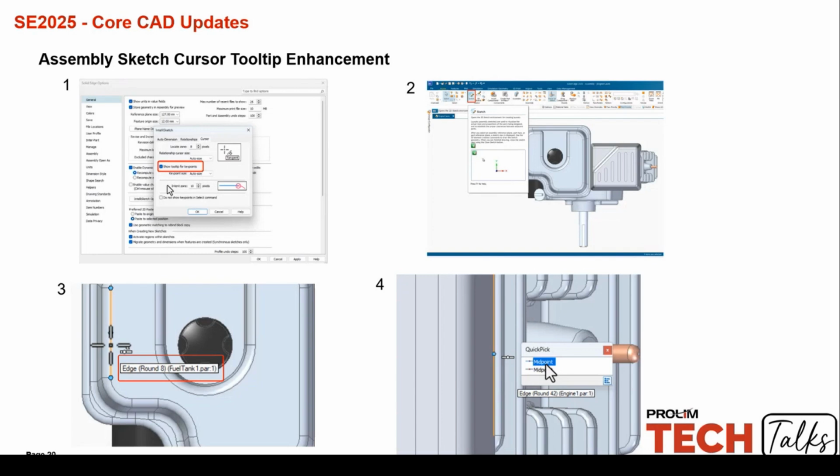We can start a sketch, and in the assembly, observe how the cursor tooltips now have the part and feature information when the user hovers over the part edge, points, etc. And then step 4 would be the cursor tooltips is visible in the quick picks as well. So this can help differentiate between which parts the user uses and which parts are linked to.